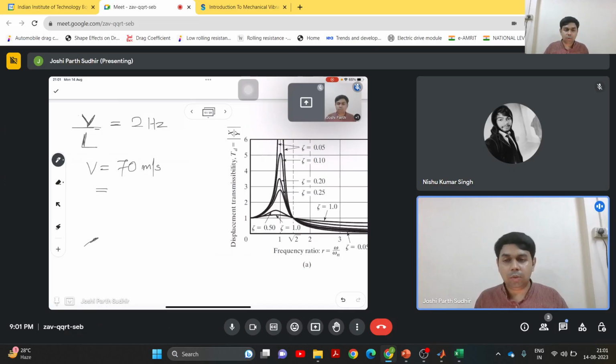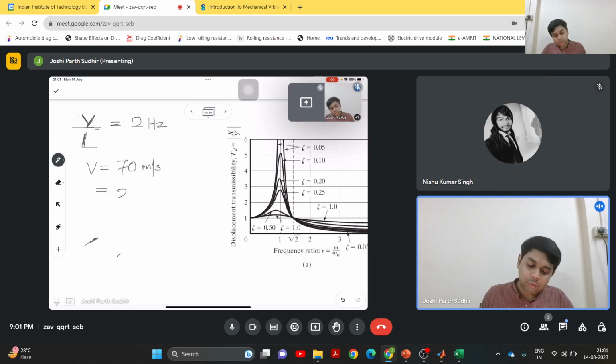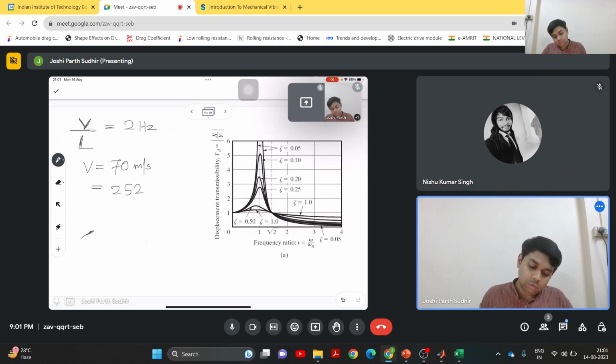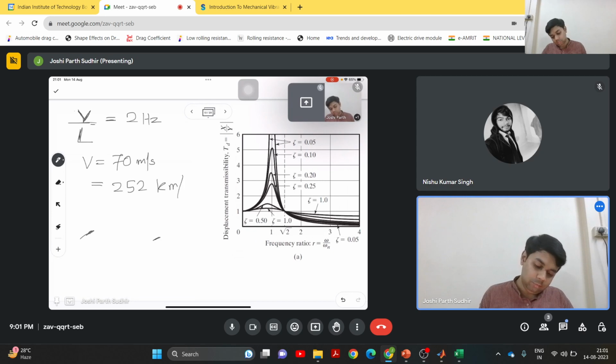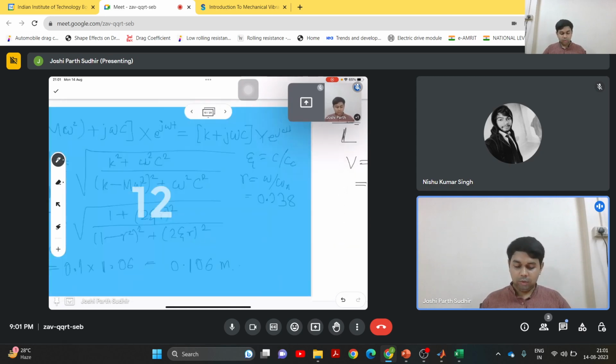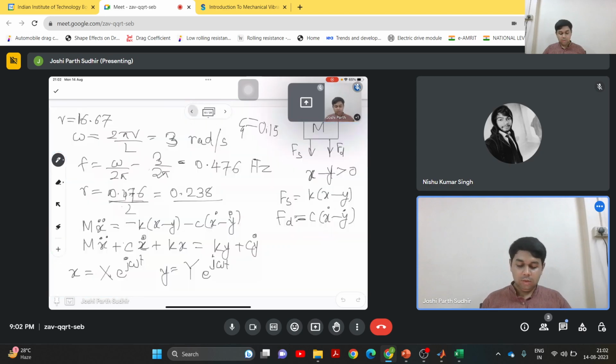So it will be about 252 kilometers per hour. So this is the most unfavorable speed for the car considering the given profile of the road, which is fairly high.